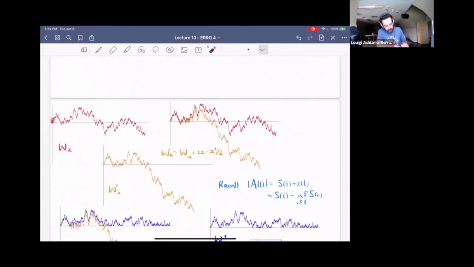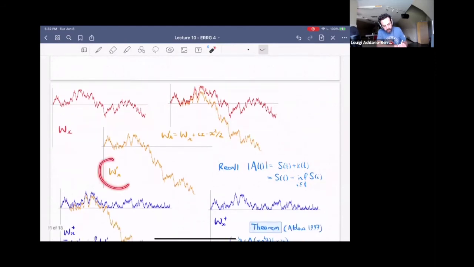So here's a simulation of a Brownian motion. Okay, so this is the starting point. Then we add this parabolic drift to it. That's this yellow process here, which you can see is roughly looking like the red process, but it's getting more and more negative over time. Okay, and that gives us this W prime.